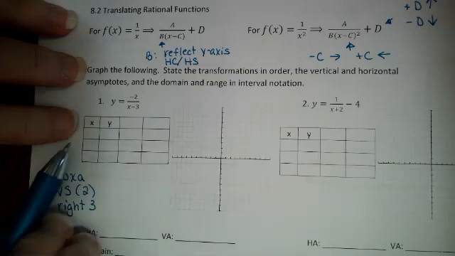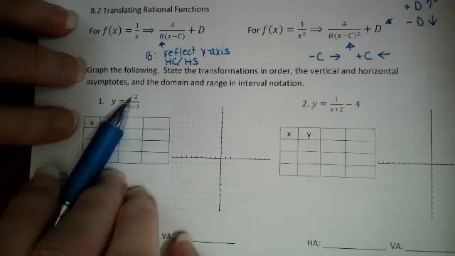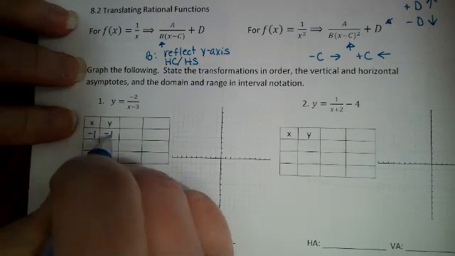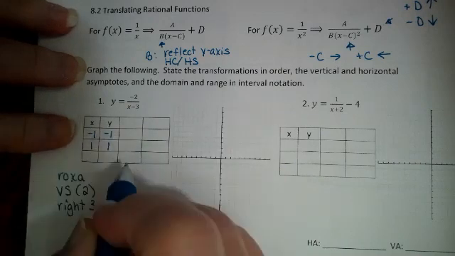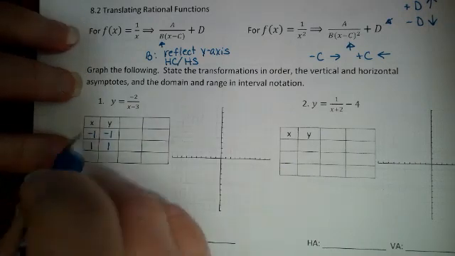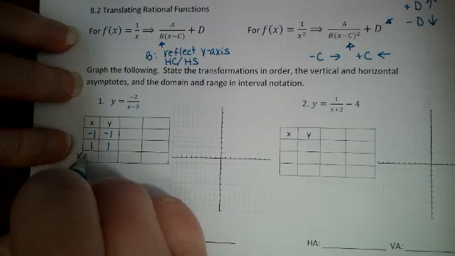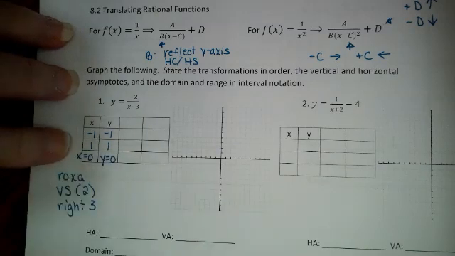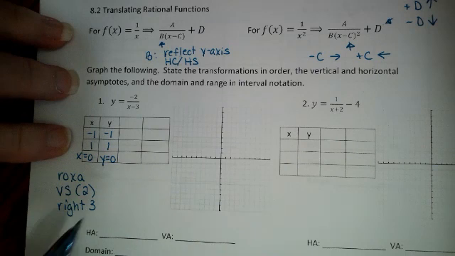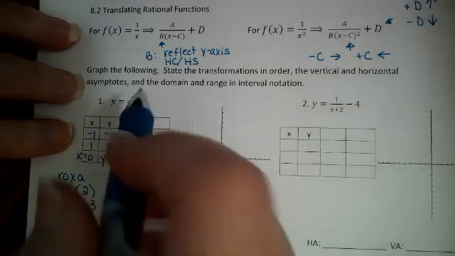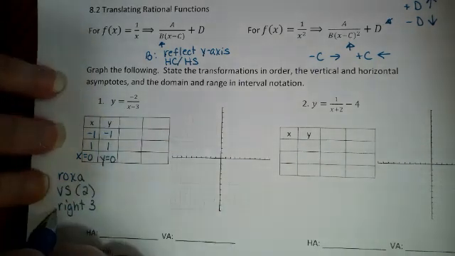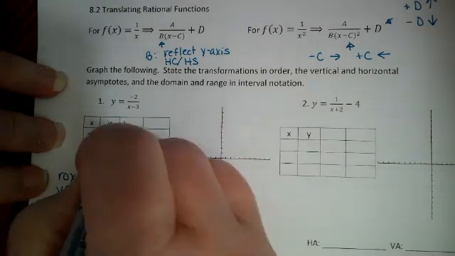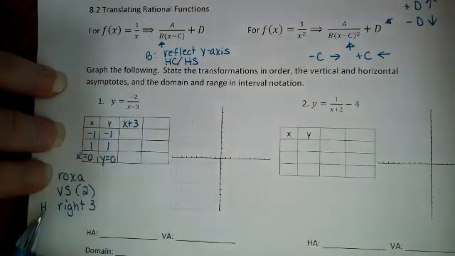My parent function table, this is rational odd. So -1, -1, 1, 1. And the third blank here is to give my parent function asymptotes. That was x equals 0, y equals 0. So let's write our transform table. The only horizontal that happened was going right 3 spaces, so that's x plus 3.